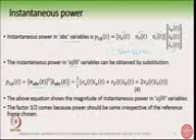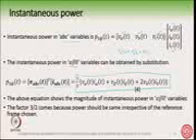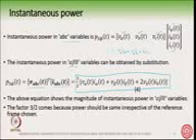Then we find this is the expression of power in the alpha beta 0 variables: V alpha I alpha plus V beta I beta plus 2 times V0 I0, times this 3 by 2.